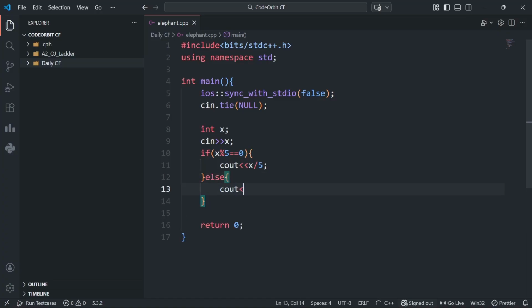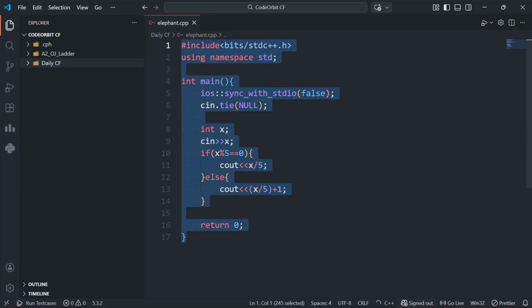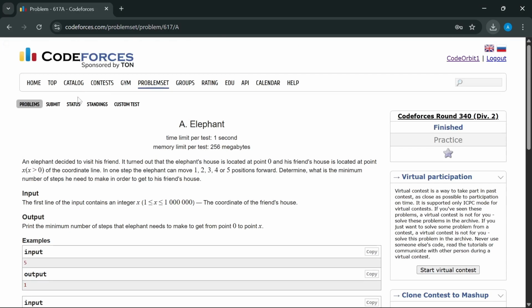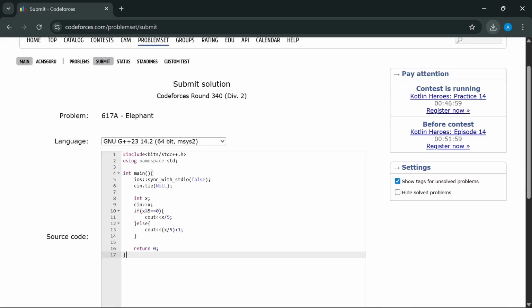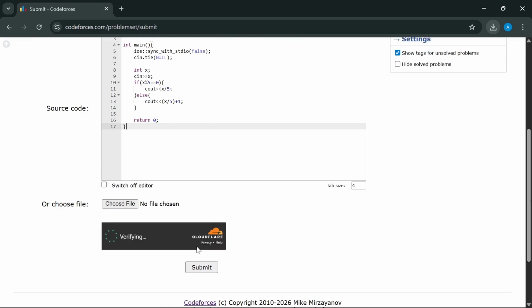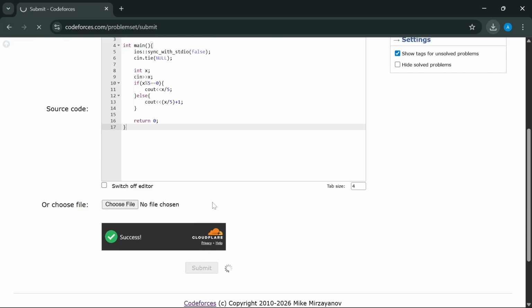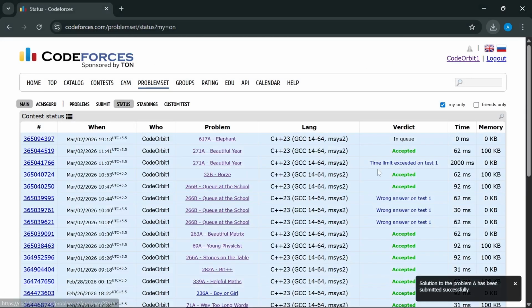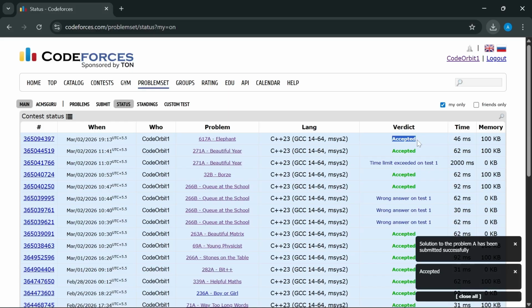Else we will output x by 5 plus 1. Now this is our first solution by the logic. Okay, let's see. So we have submitted the first solution, and you can see that it was accepted.